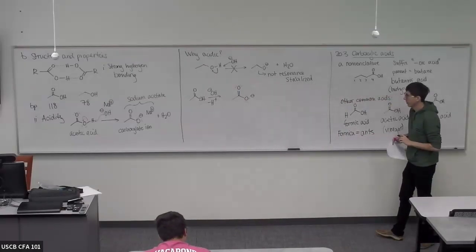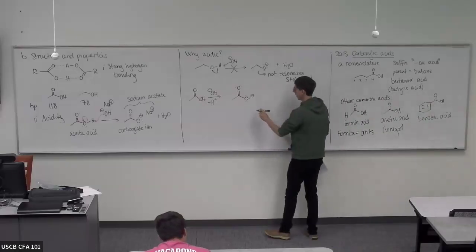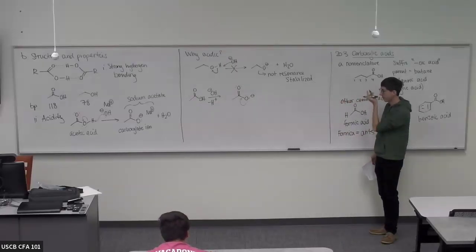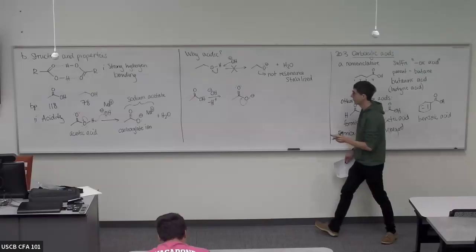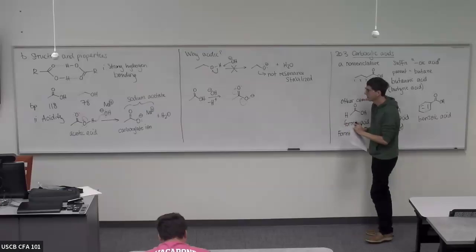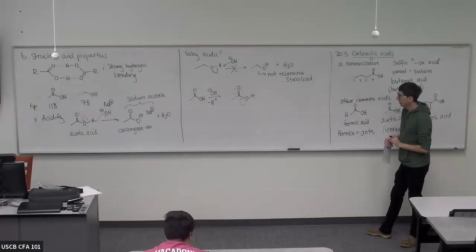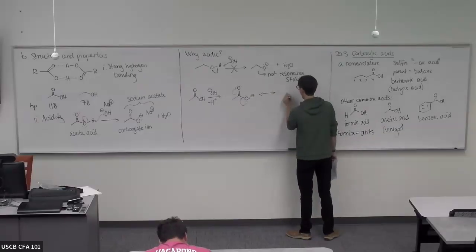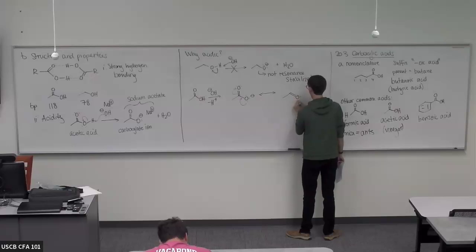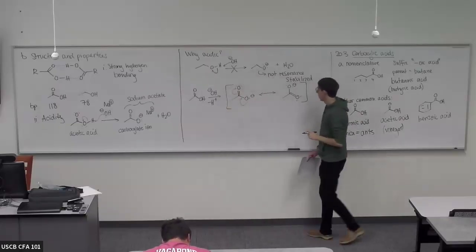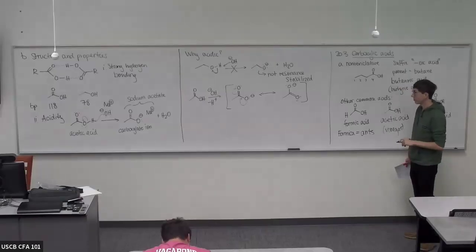Well, we can draw a resonance structure of this, where we move a pair of electrons to make a CO double bond, and at the same time, we break that CO double bond and move those electrons up onto the other oxygen. So we get that resonance structure.